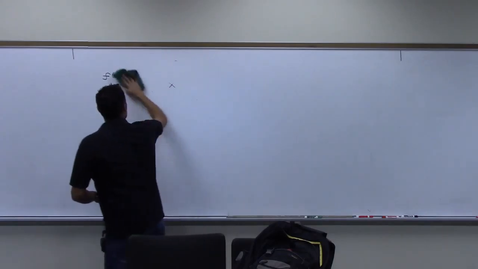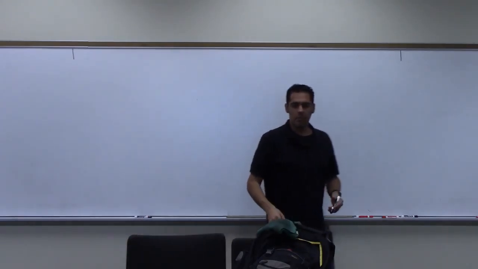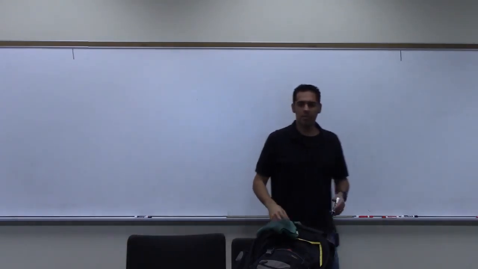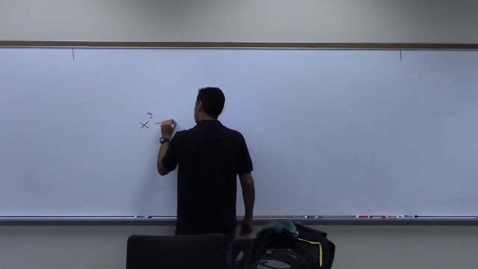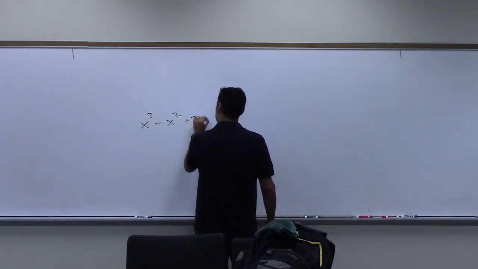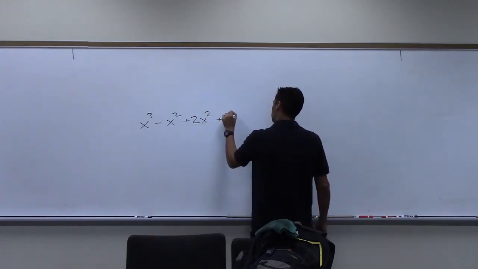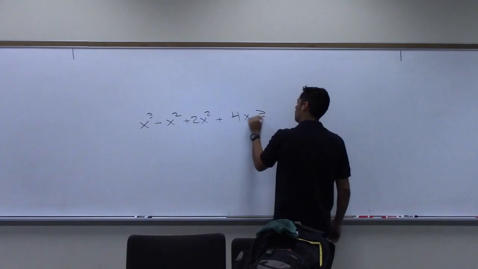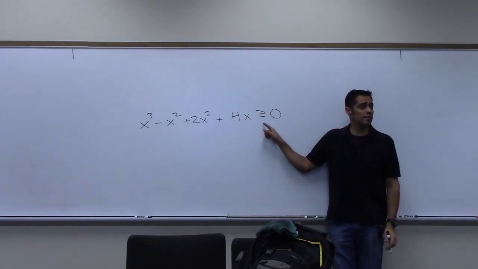I should probably say that we're going to do rational inequalities next, which is basically just an extension of what we've done here. Do you remember when we did problems like this? I'm just making this one up. Polynomial inequalities.